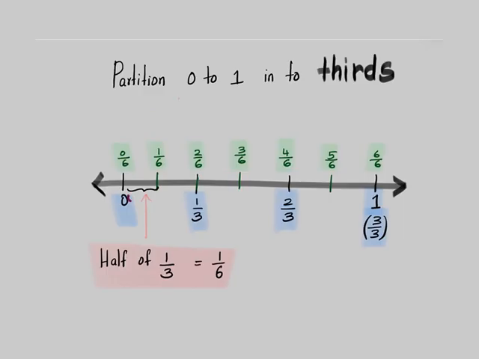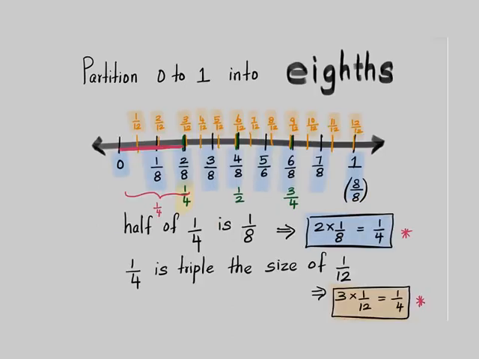Here the number line is partitioned into 1 by 3, so this is 1 by 3. And half of 1 by 3 is 1 by 6. So this is 1 by 6. The number line here is partitioned into 1 by 8, and half of 1 by 8 is 1 by 12.